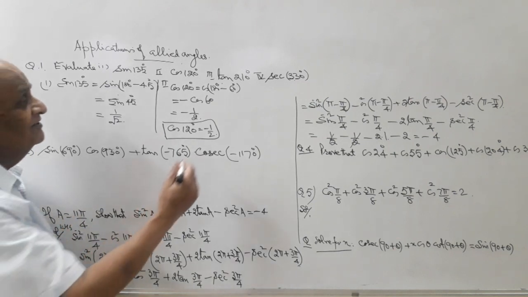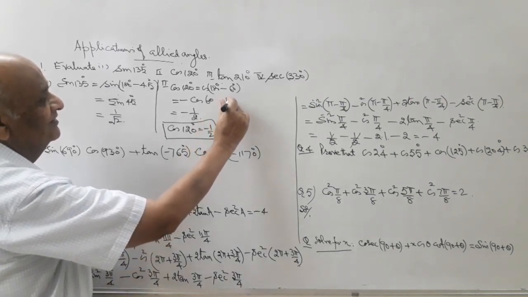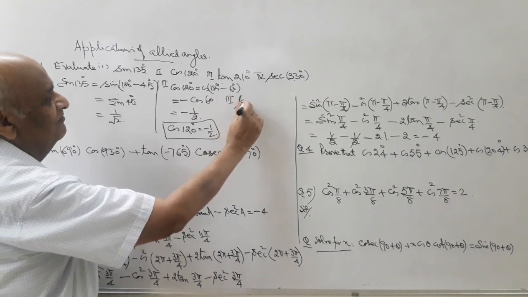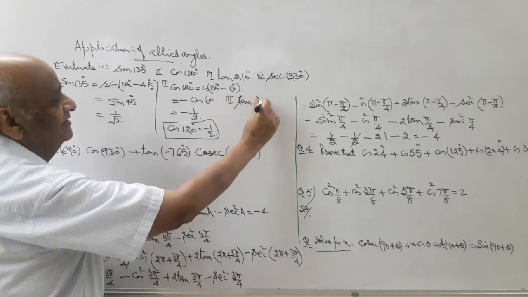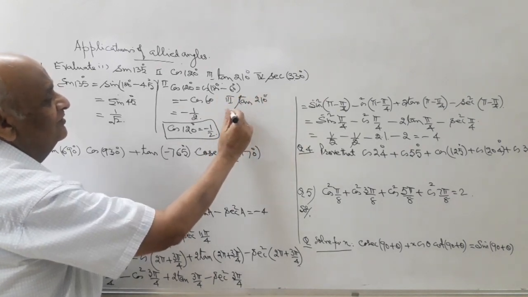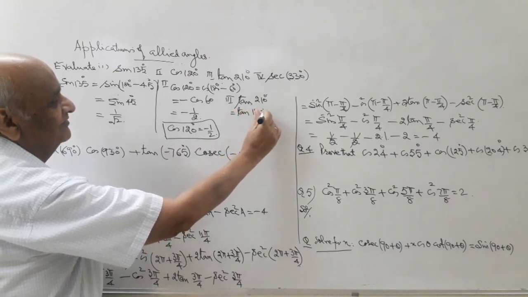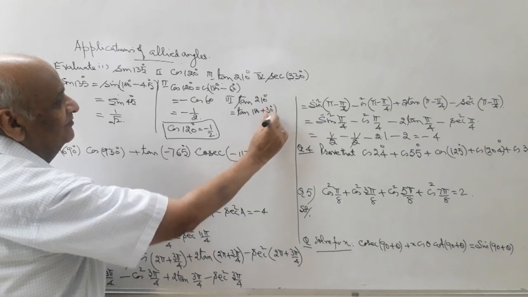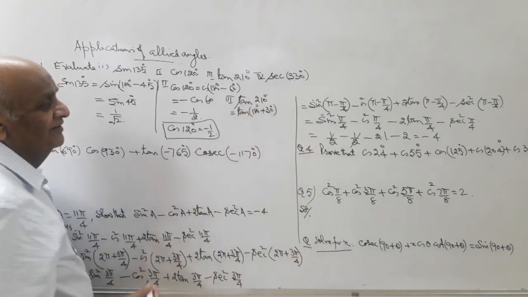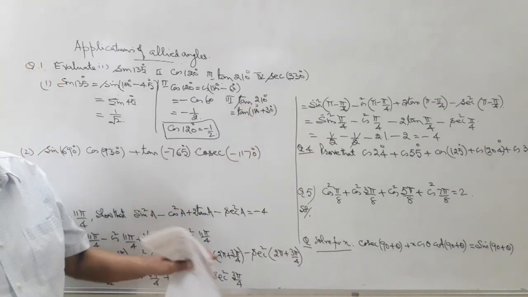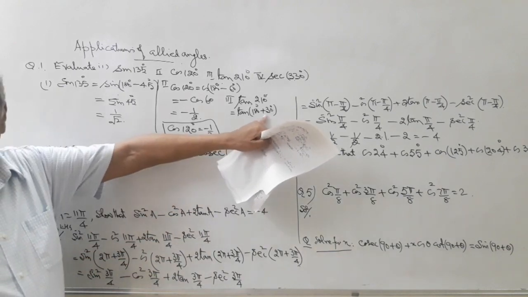Now come to the third case. Third case is tangent of 210 degrees. This is equal to tangent of 180 plus 30, that is tangent of 180 plus theta, third quadrant.